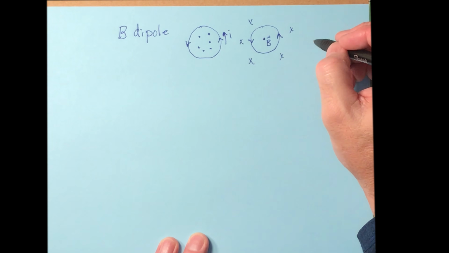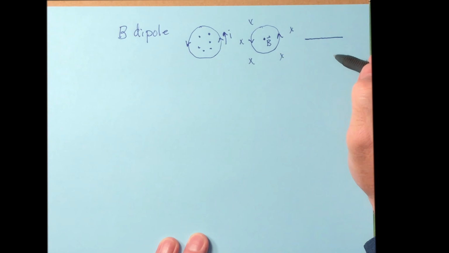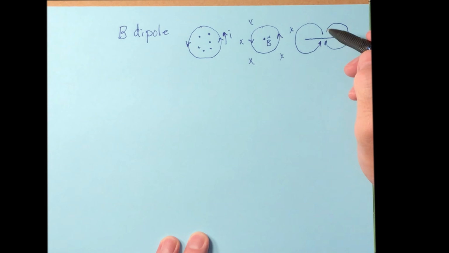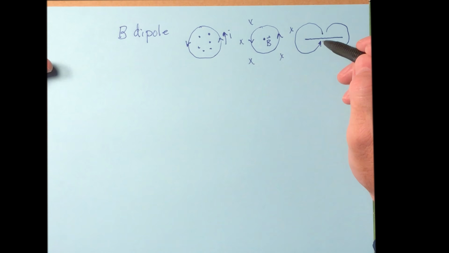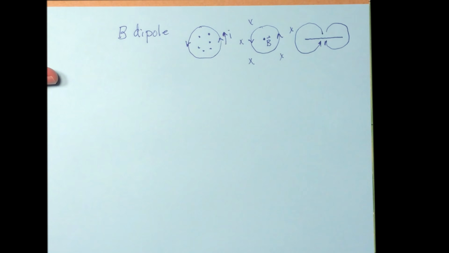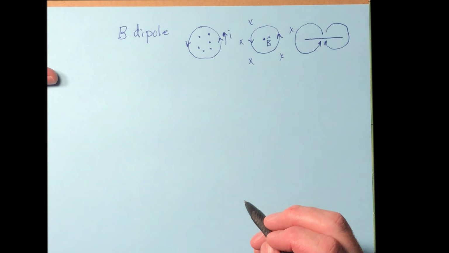If you were to look at it edge on, let's say this is the edge of the wire, then the magnetic field lines would do something like this. Like that. Okay? Let's figure out what the magnetic field is due to a loop of wire, but not exactly in the center of the wire. We can do that too, but we won't start there. So we're going to look at a single loop of wire.